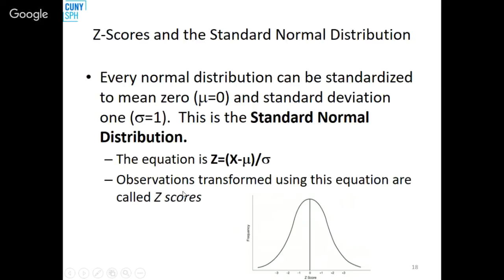When we convert individual observations using this equation, those are called z-scores. And capital Z is normally used to represent the standard normal distribution.